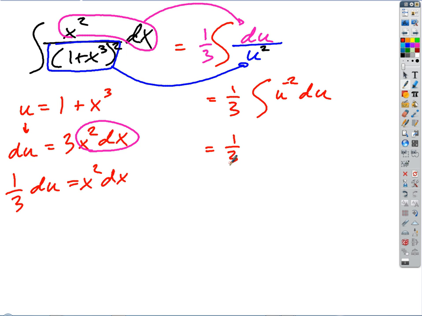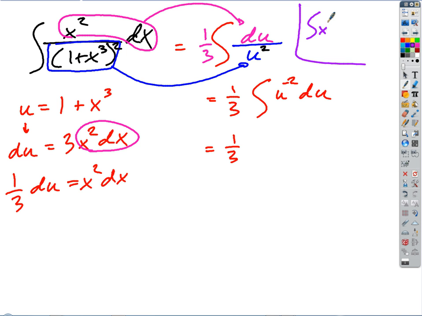We got our 1/3 out there. What's the power rule tell us? The indefinite integral or antiderivative of a variable to a power equals what? So here, let's just fill in the blanks.